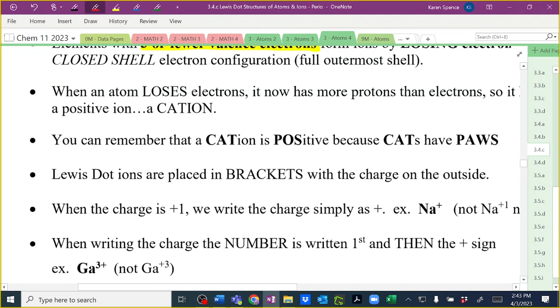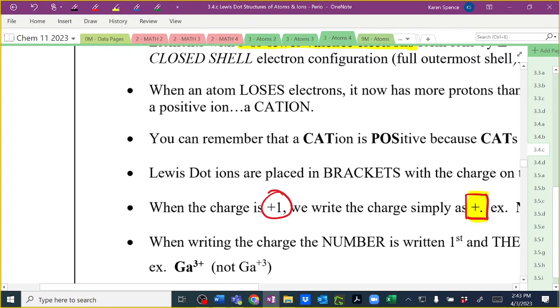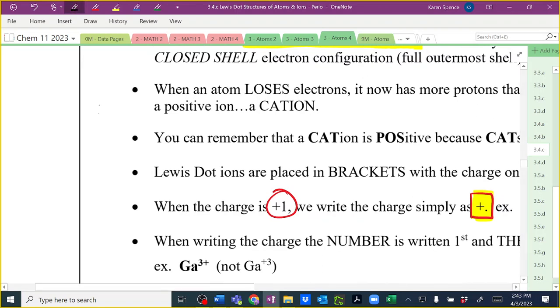If we have a charge which is +1, the most correct way to write that is simply as plus. I'm actually going to write this over at the side because I think it'll be a little bit clearer. If you have a +1 charge, writing plus is the best.